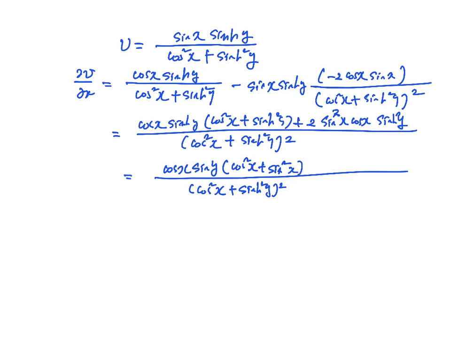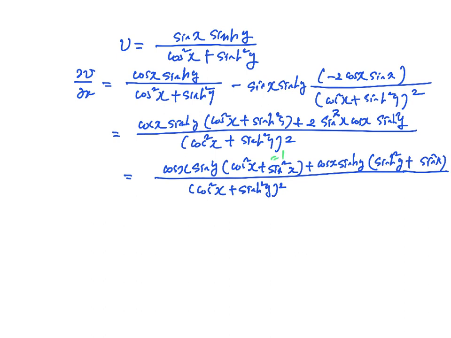Plus cosine x sine hyperbolic y, sine hyperbolic square y plus sine square x. And this is 1.